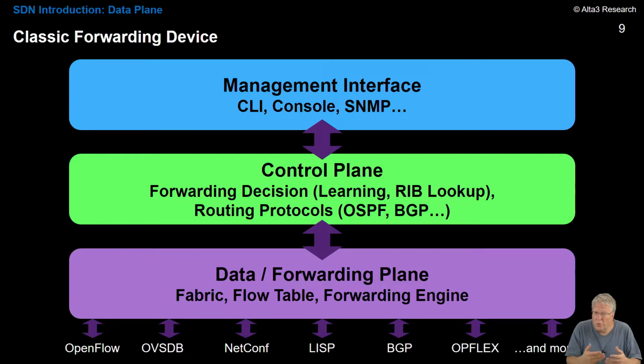Now, the control plane's job, primarily speaking, is to actually take various inputs and create a forwarding table. Now, the forwarding table goes by a number of names. If the forwarding is at layer 2, then the forwarding table would be a MAC table. If the forwarding table is running at layer 3, then it would be called a routing table.